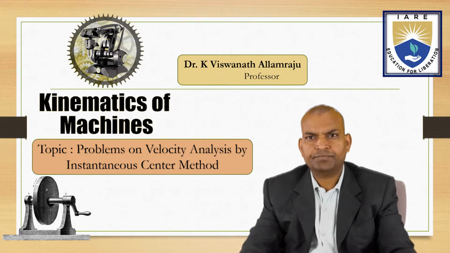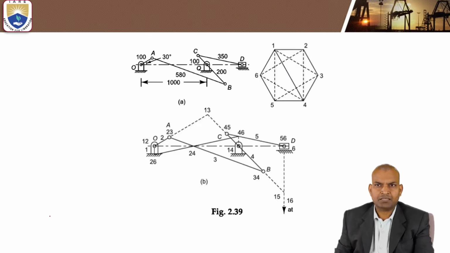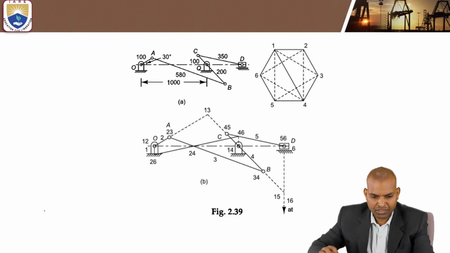Now in this session, let us summarize how to analyze a six link mechanism. Yes, this is a six link mechanism. Whenever we start to find out the velocities of any mechanism, what to do? We have to find out the number of links.